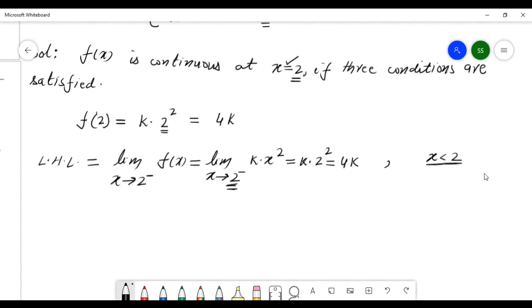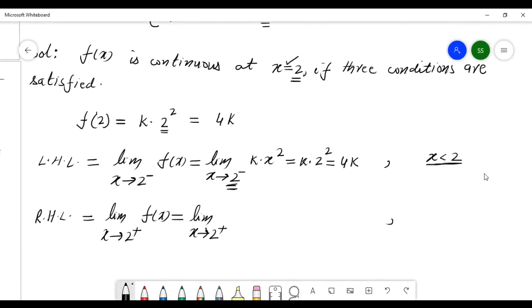Now find the right hand limit. The right hand limit is the limit as x goes to 2 plus of f(x).